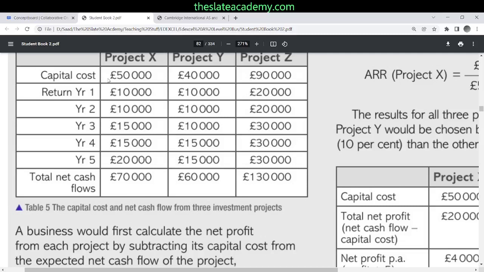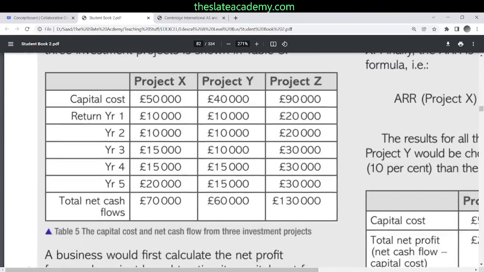They have just added the returns earned. So we should have done 70,000 minus 50,000, which is the net cash flow, and then divide by 5 to get the annual cash flow. Then that average annual cash flow over the investment that you made gives you the rate of return.